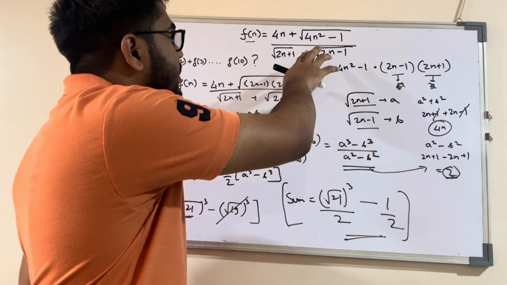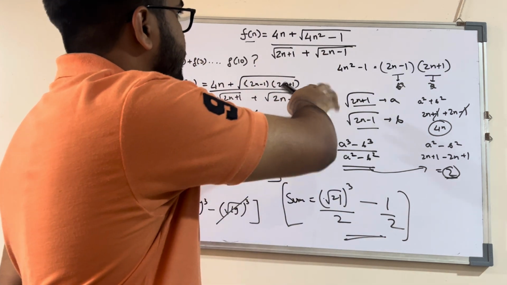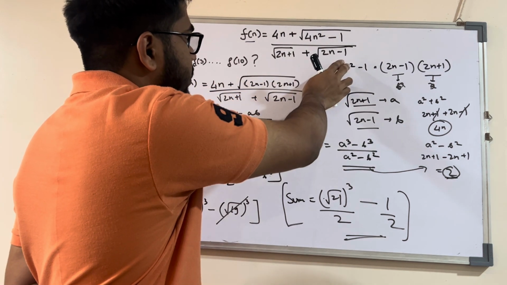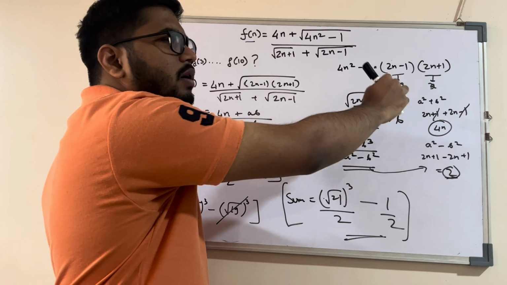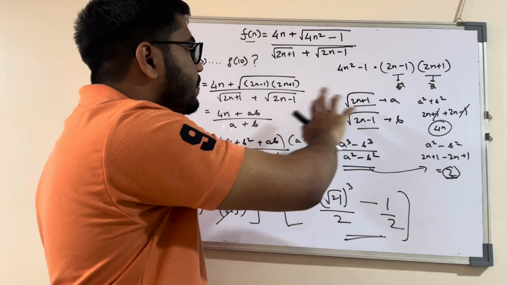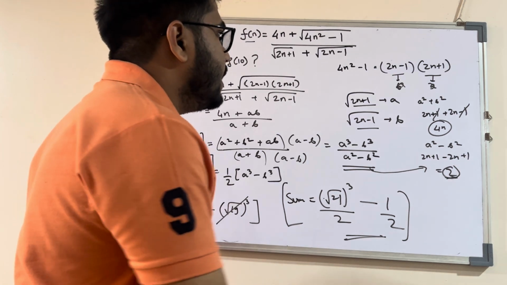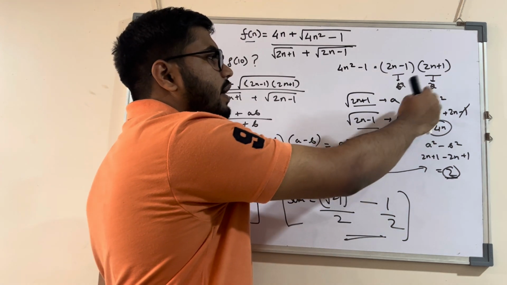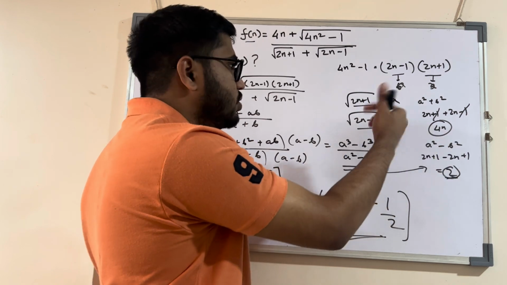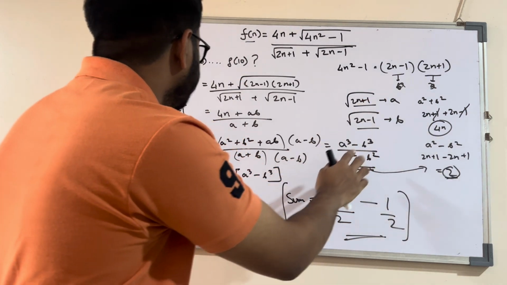But if the function is big, you try to understand the representation, like 2n minus 1, 2n plus 1. Whatever terms are repeating, you name them A, B, C so that it can be simplified. Then with A and B you try operations like A square plus B square, A square minus B square, A plus B. You will get a pattern once you solve multiple such questions.